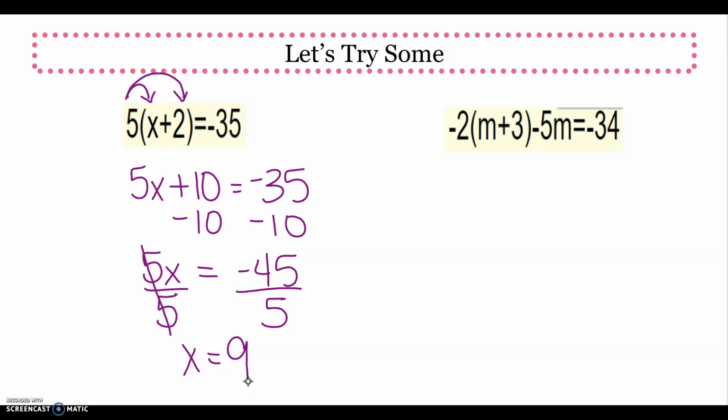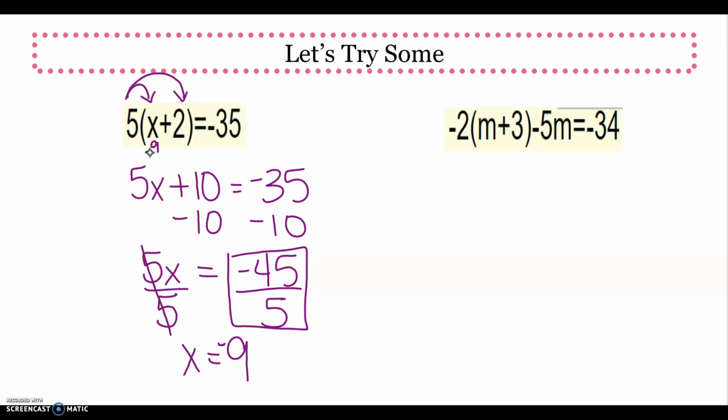We can plug this in. Where we see x, we now have 9. So 9 plus 2 gives us 11. And I can see that I did something wrong there, which is a great mistake to have made. My answer should have been negative 9. Let's see how that changes once we check.